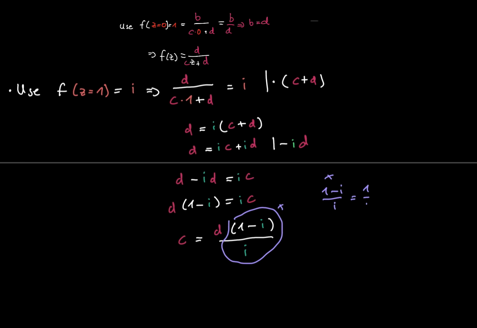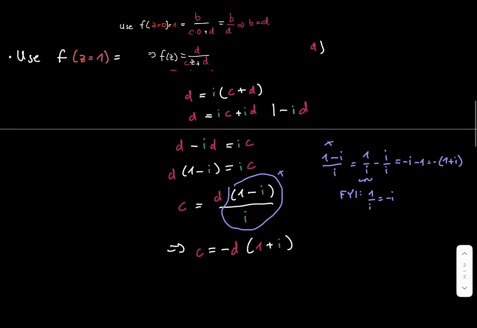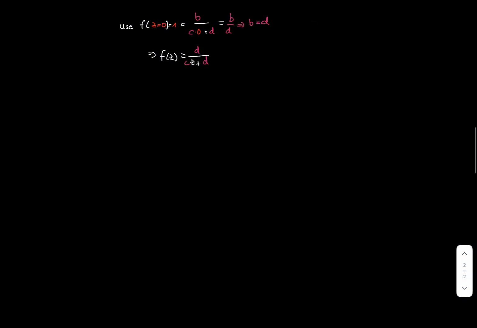Now simplify. 1/i is -i. So (1 - i)/i becomes -(1 + i). So c = -d(1 + i). Now substitute this back.